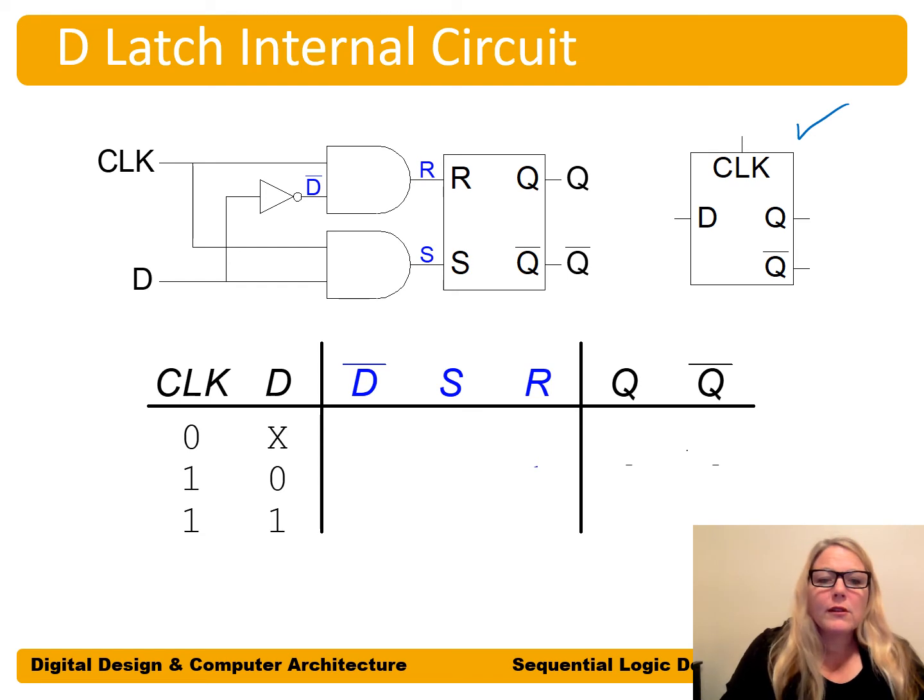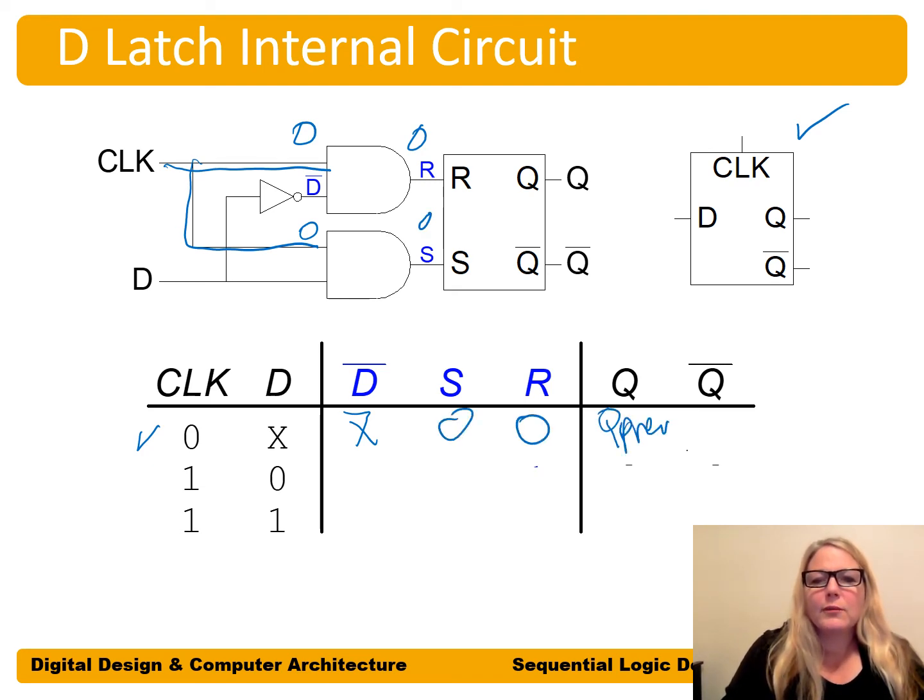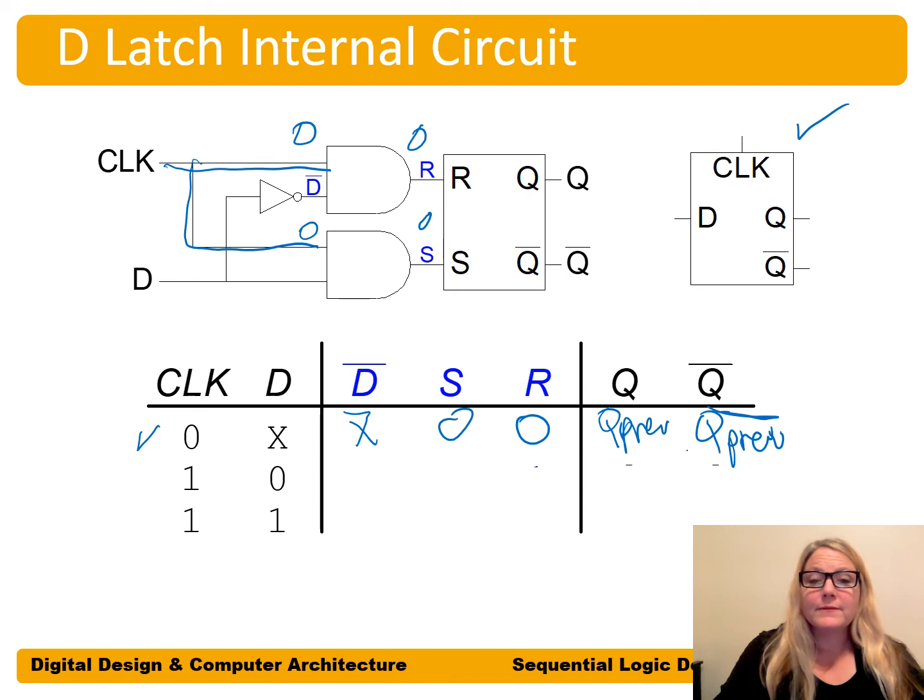And so when clock is equal to 0, D is a don't care, and D bar is a don't care. We don't care what D is because when clock is 0, we get 0 and anything on both of those AND gates. So R and S are both 0, and Q just retains its previous value, Q previous, and Q bar retains Q previous bar, whatever it had the last time clock was high.